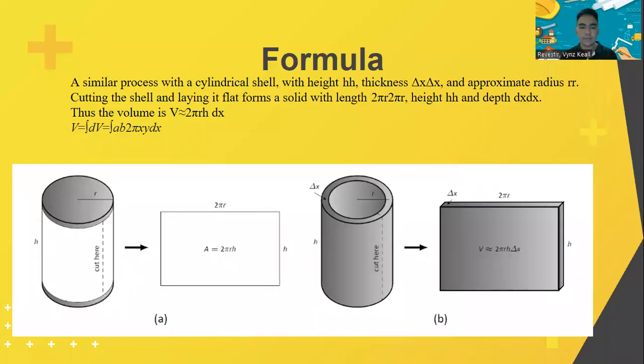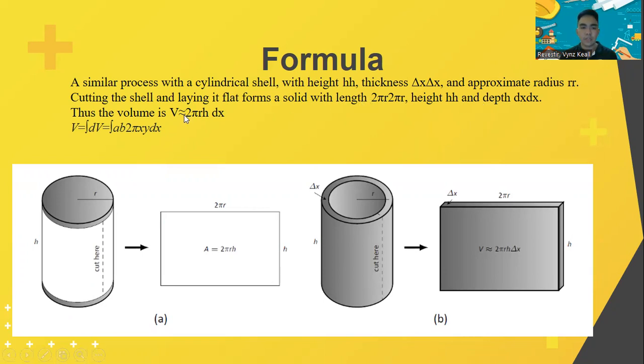So the formula for the shell method is a similar process with a cylindrical shell with height h, thickness dx, and approximate radius r. Cutting the shell and laying it flat forms a solid of length 2 pi r, height h, and depth dx.